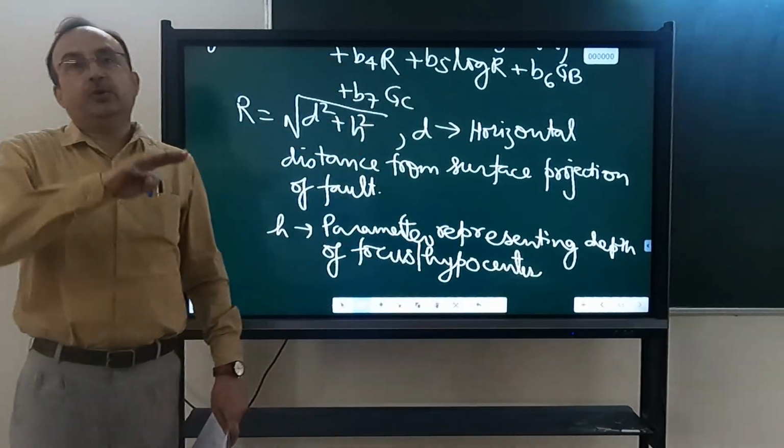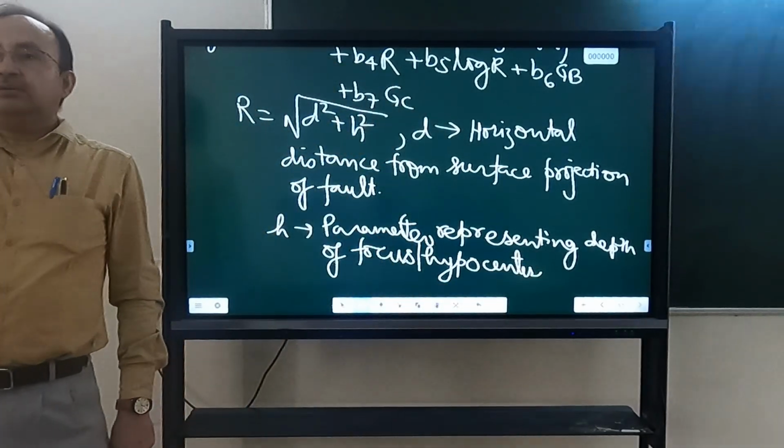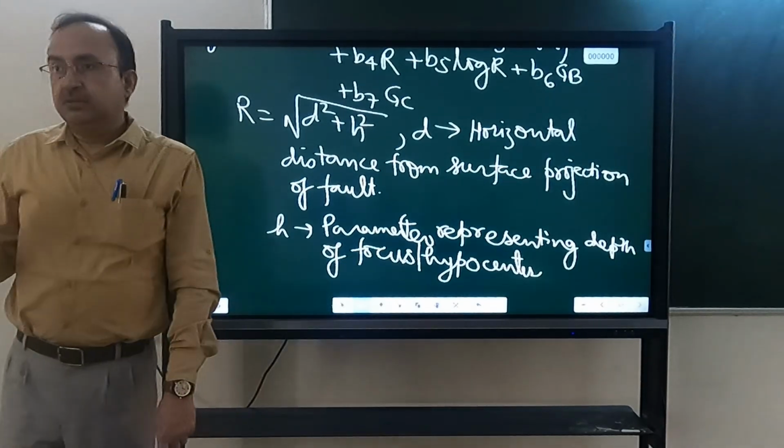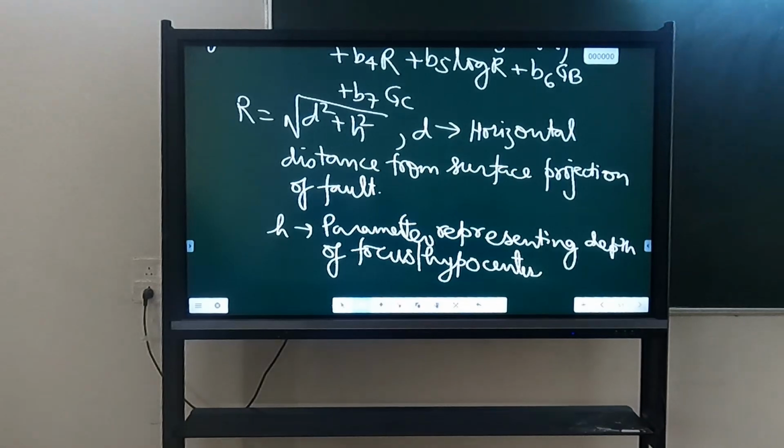I told you yesterday you can take horizontal distance from the epicenter. So H is a representative of the depth.